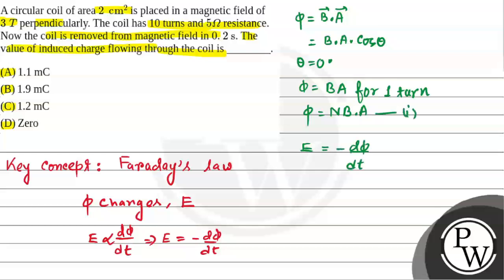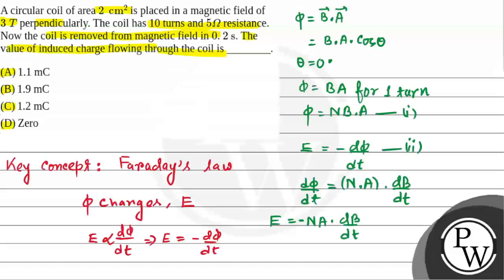So this equation we take as equation number 1. If we differentiate both sides of equation 1 with respect to t, t meaning time, then we get d phi by dt equals number of turns, that is n, and area, that is A, whose values remain fixed, so they are constant terms, into dB by dt, that is change in magnetic field by change in time. So in equation 2, that is E equals minus d phi by dt, if we put the value of d phi by dt, we get E equals minus n into A into dB by dt, right? Now let's go to the next slide.